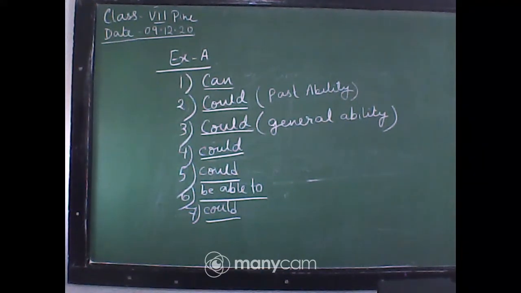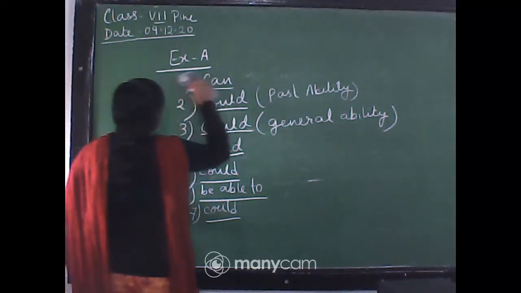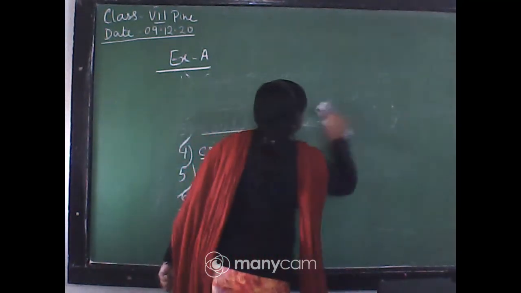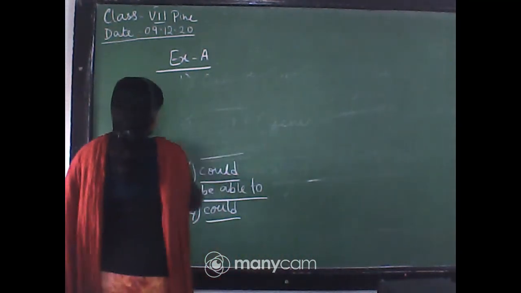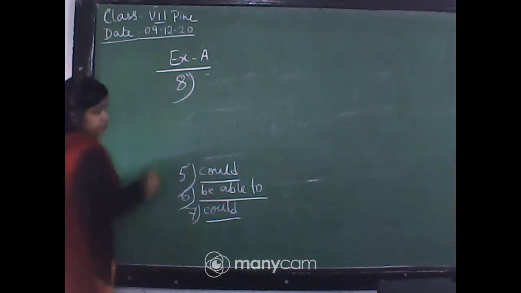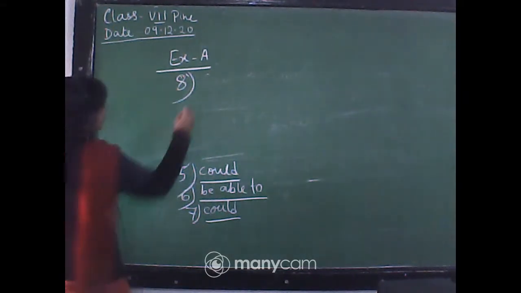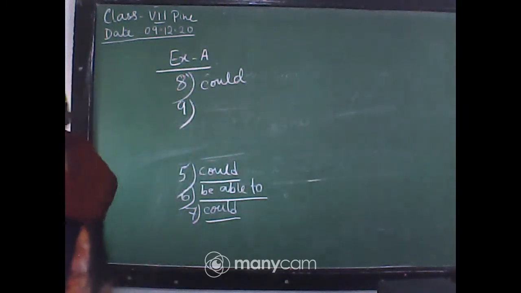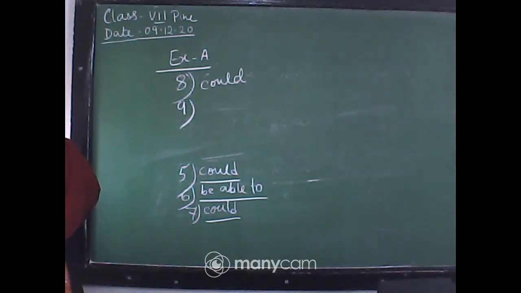Okay, so let me just rub the top portion of the board. Number 9, his right leg is fractured and he will be able to walk without support only after 3 months.